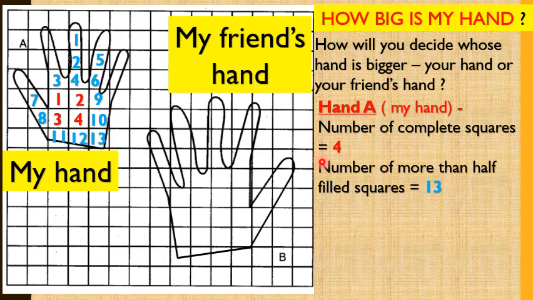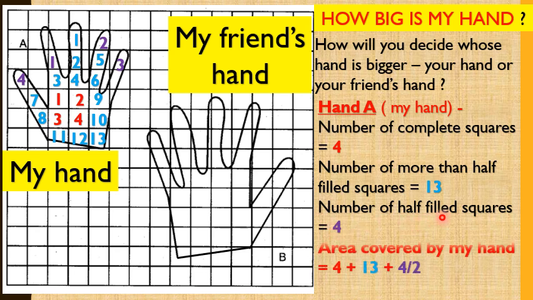So there are 13 more than half filled squares. Lastly, we will find the number of half filled squares. 1, 2, 3 and 4. So there are 4 half filled squares.